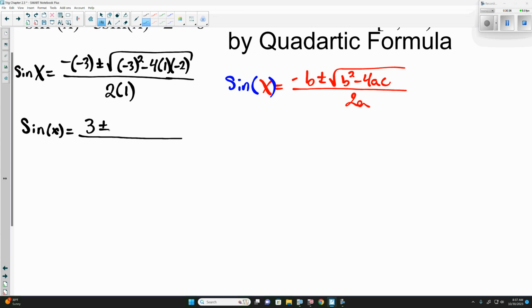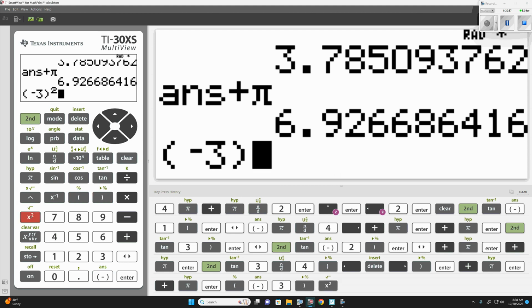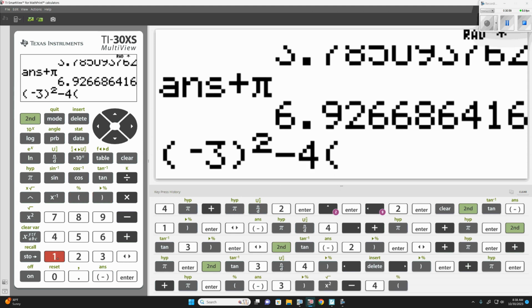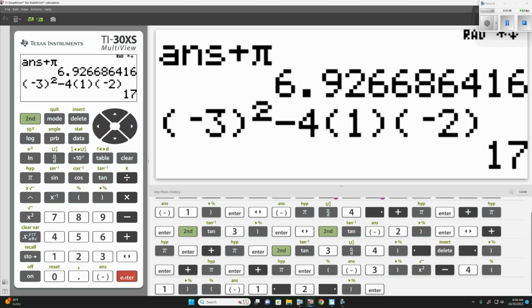The 2 times 1 in the denominator, I would have written as 2, because fixing our signs, I feel like we can do that pretty easily. I still write out the negative 3 squared minus 4 times 1 times negative 2, especially when solving it. In the calculator, that's the first thing I do. Negative 3 squared minus 4 times 1 times negative 2 is 17.